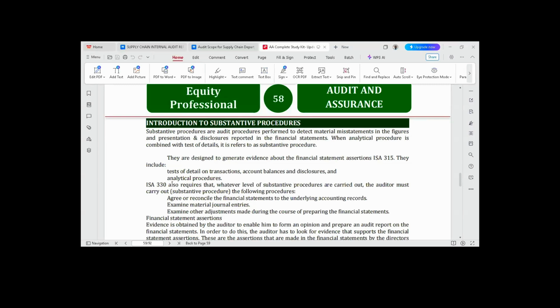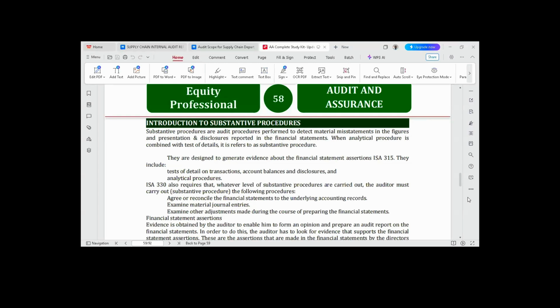These are statements made by management regarding the financial statement that has been presented to the auditor, explaining that there are no material misstatements therein. So the essence of the financial statement assertion is to make management confirm that the financial statement they presented to the auditor is free of any material misstatement.